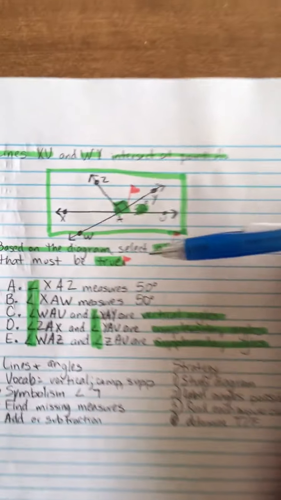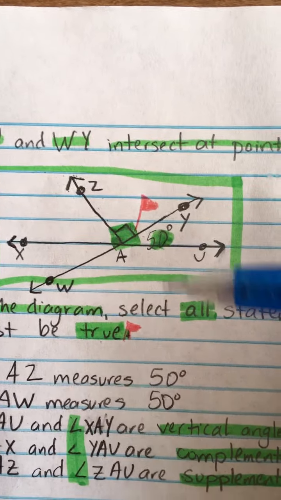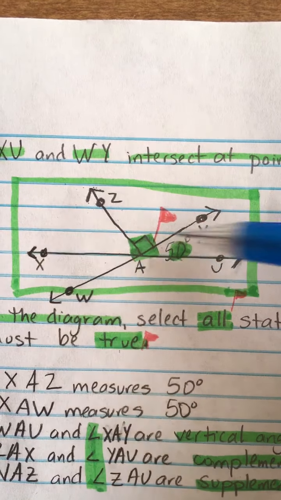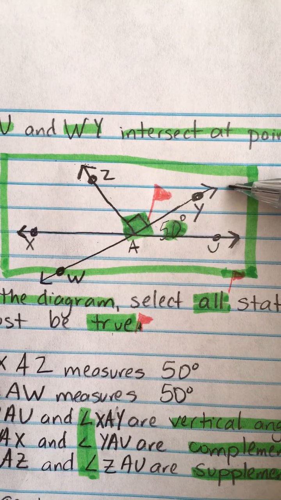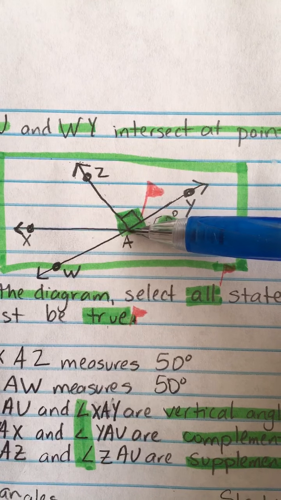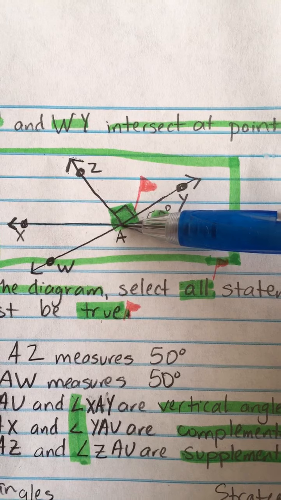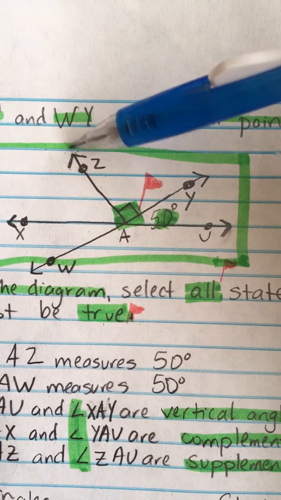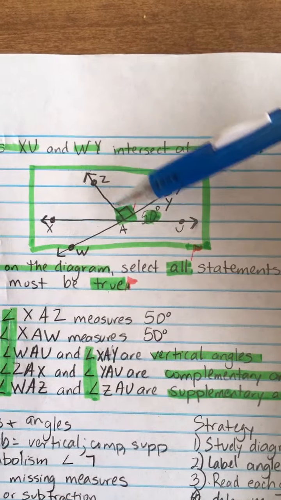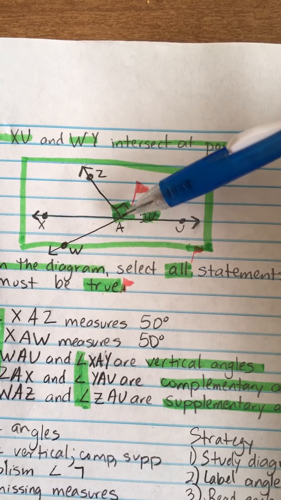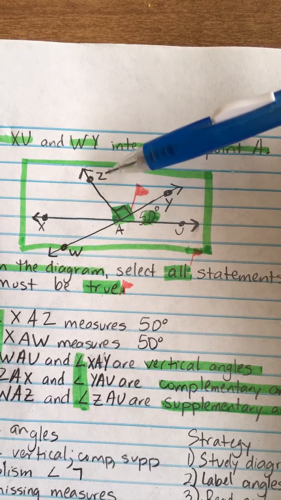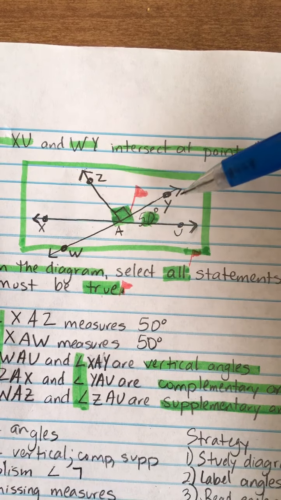I'm going to pay really close attention to the diagram and notice that XU is intersected by WY, and point A is common for both of those lines. Point Z is a different line completely. It doesn't have another end down here, and it forms a right angle here.